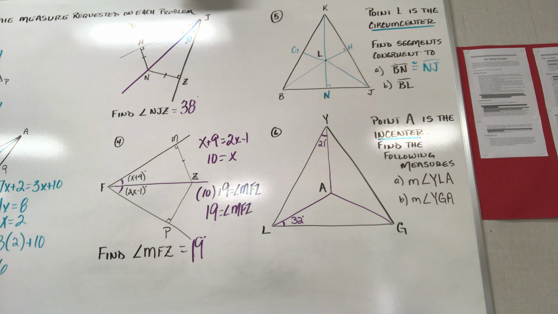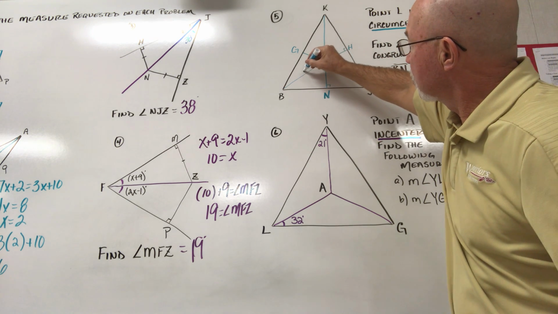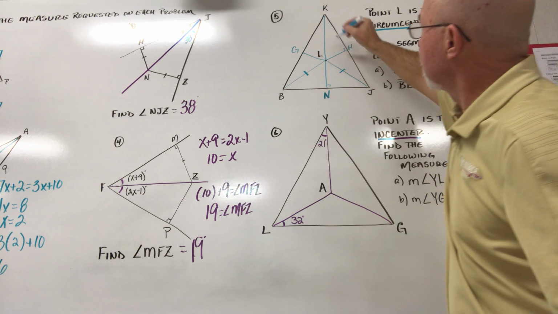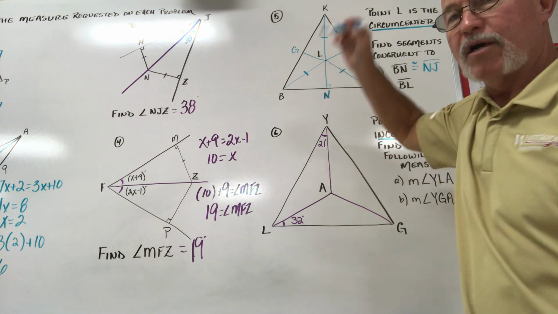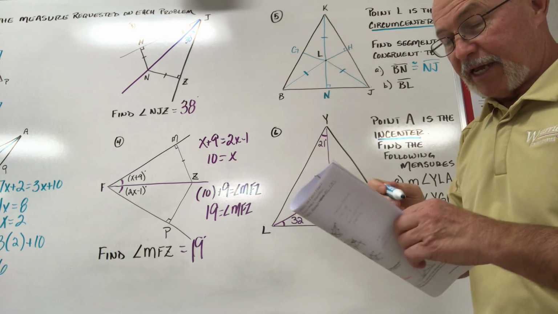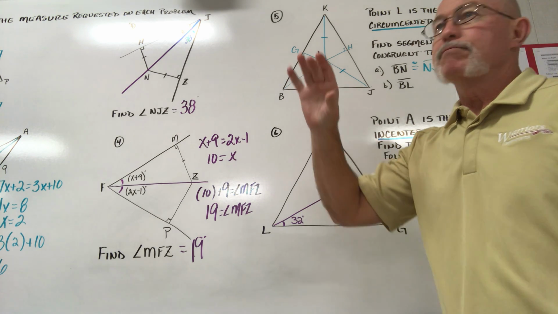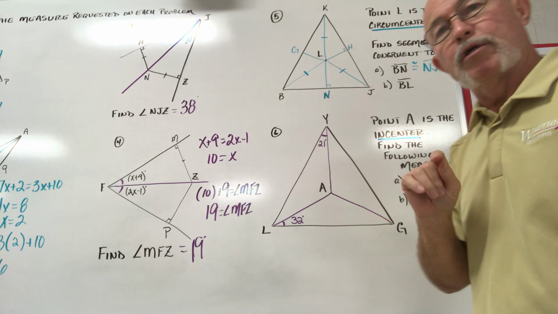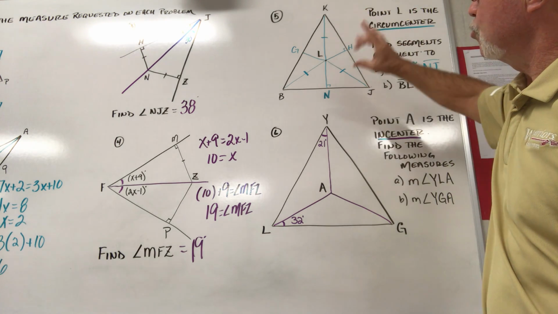And then BL, this right here, is going to be equal to this right here and this right here. These are all broken up into proportionate segments, that's the word. In this case, it's going to be 2/3 to 1/3.